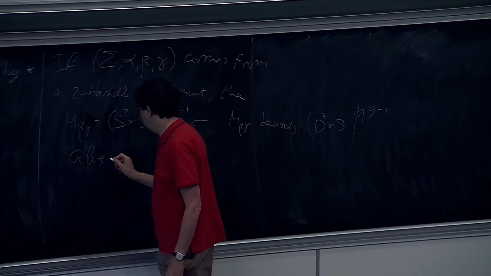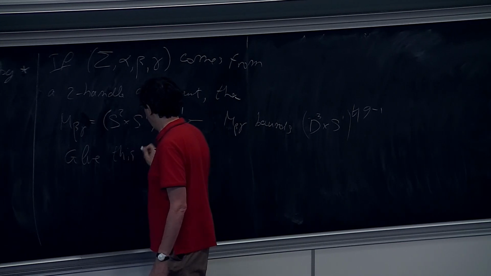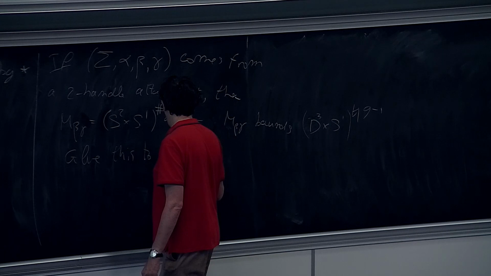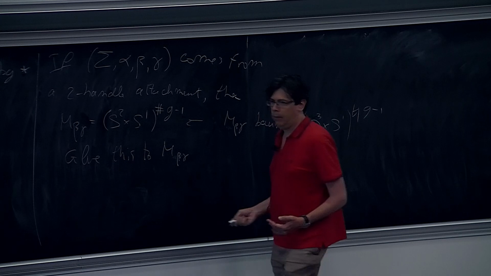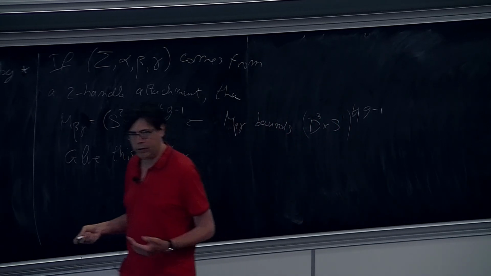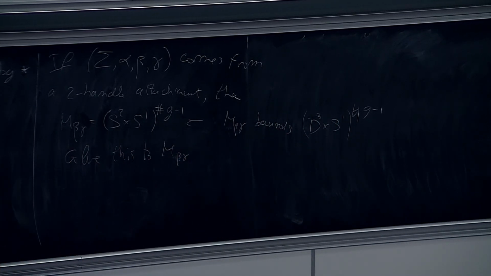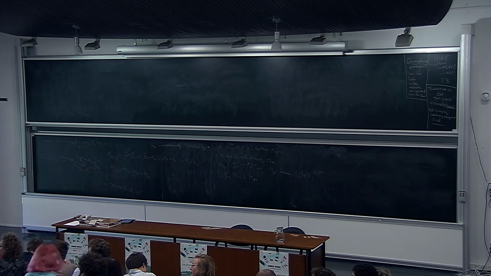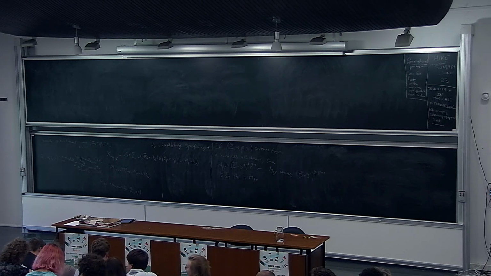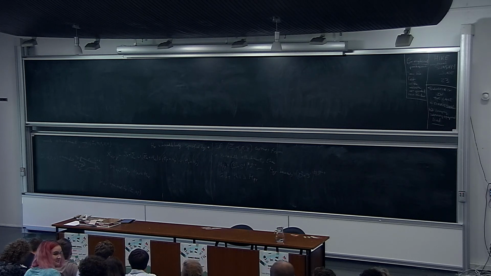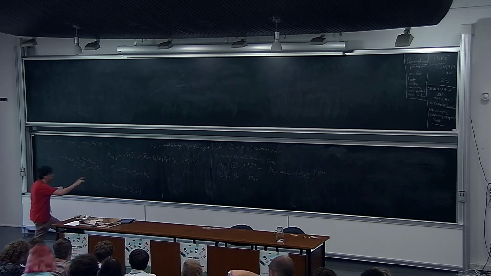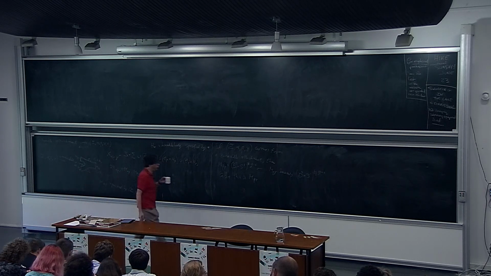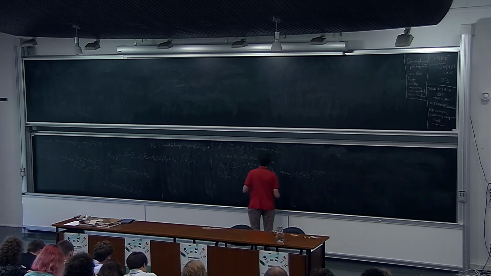So we glue this to M beta gamma, and the gluing is unique by a theorem of Laudenbach-Poénaru that says that every diffeomorphism of a connected sum of S2 times S1s extends to the boundary connected sum of S2 times D2s. So up to diffeomorphism, there is a unique way to glue back this object.